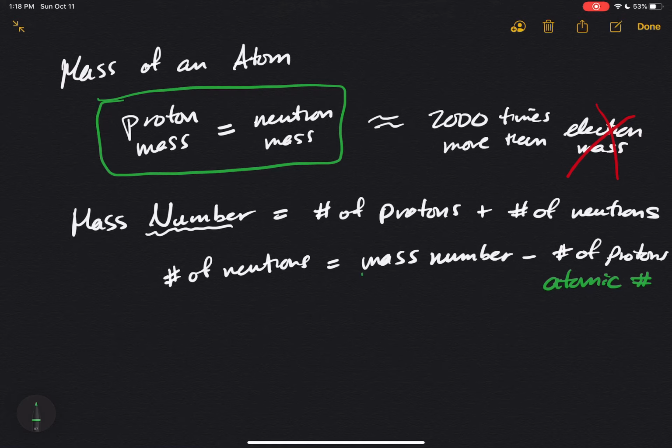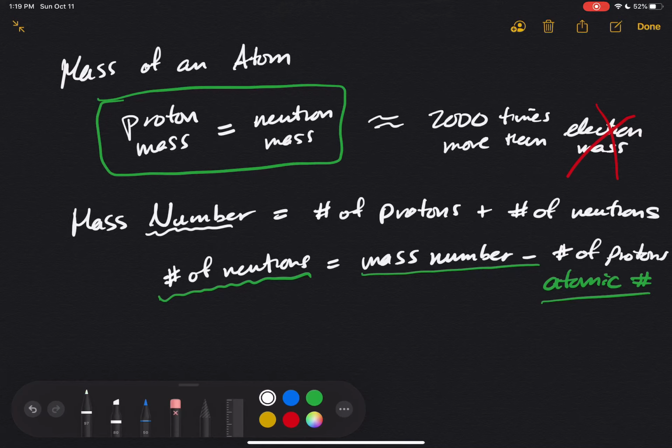So the mass number minus the atomic number will tell me the number of neutrons. But why do we care? We said that the neutrons don't really do anything except that they change the mass of something. Well, the mass of something is going to be very important when we start measuring things later in the school year.